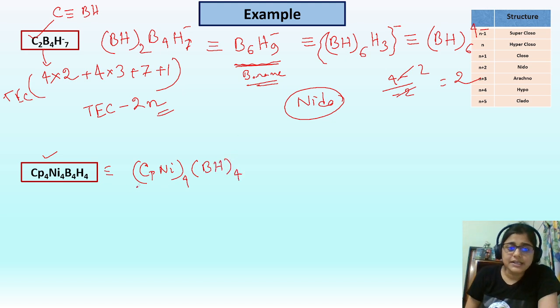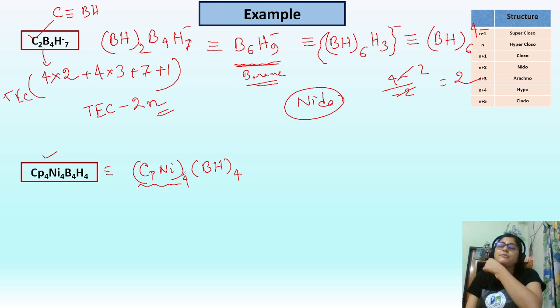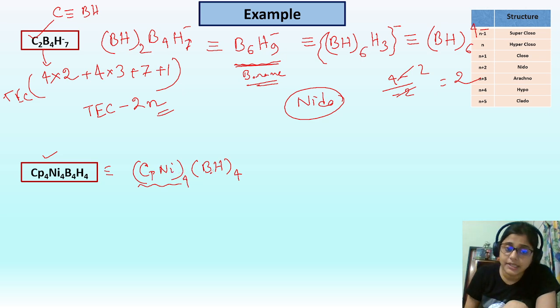Fine. First, I have to actually replace this fragment with a BH unit. So for that, first I have to take the total electron count, because this is not known, right? So Cp means 5 and Ni, d8, means 10, right?